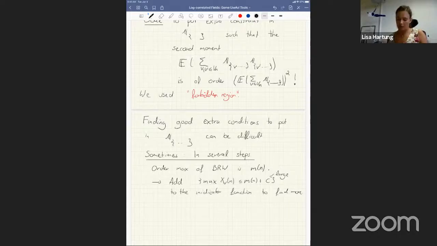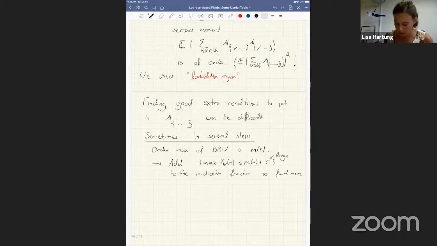But if you recall, we were also interested in describing the other high values. And so this might help you to describe them.